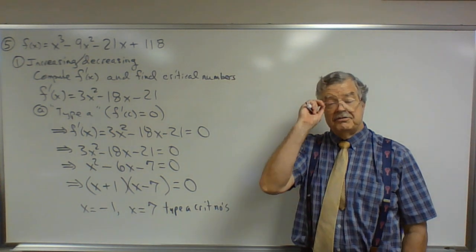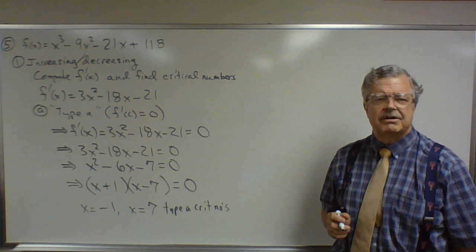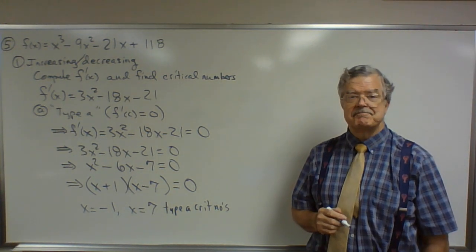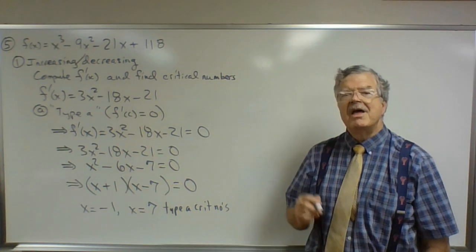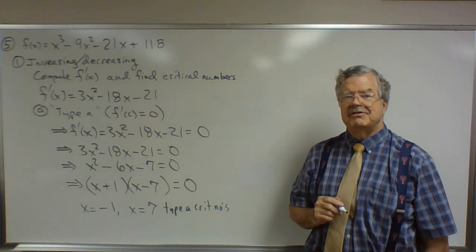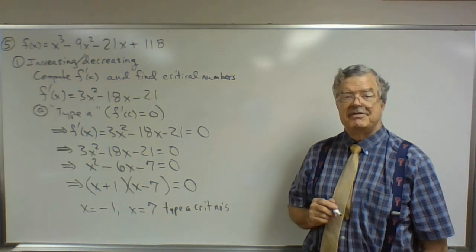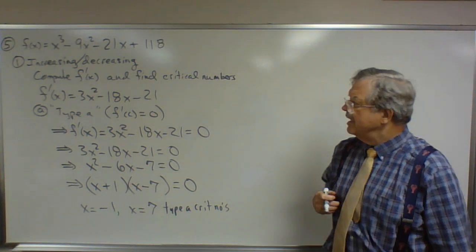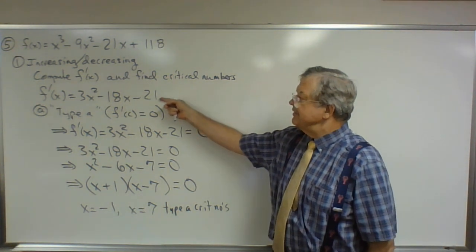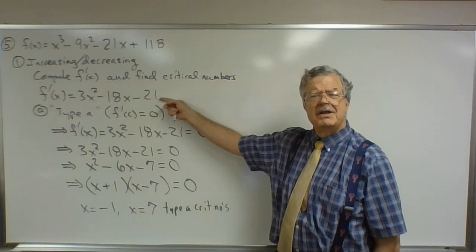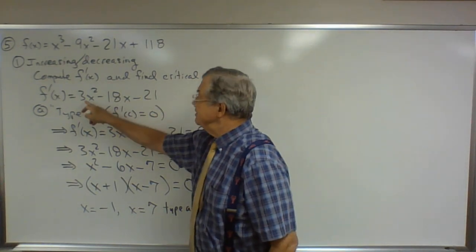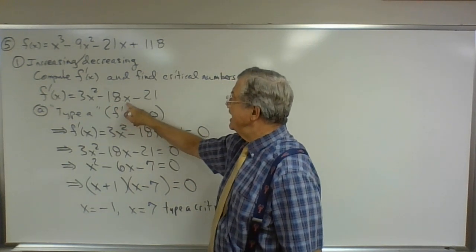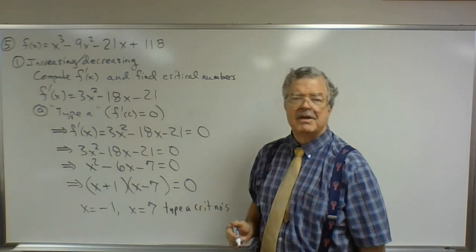There are such things as type B critical numbers. Now, do you remember where those come from? Right. Those are the values of x that make the derivative undefined, typically because we're dividing by 0. Here's our derivative. Do we have division going on anywhere here? We have 3 times x squared minus 18 times x minus 21.